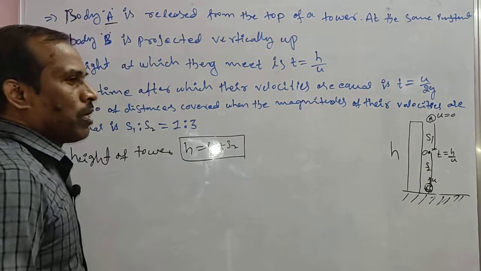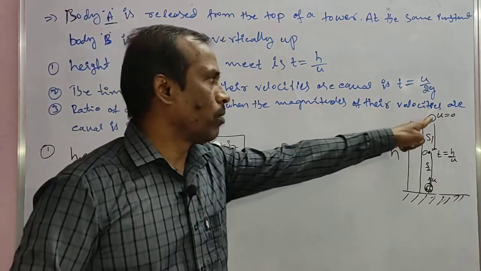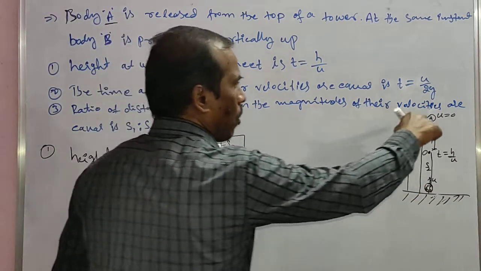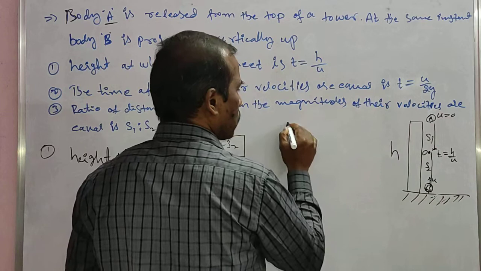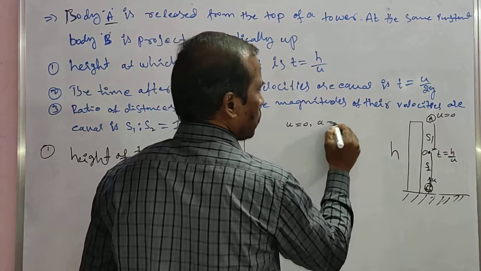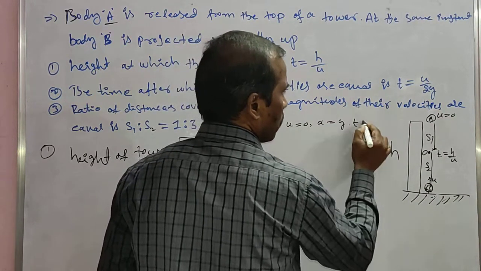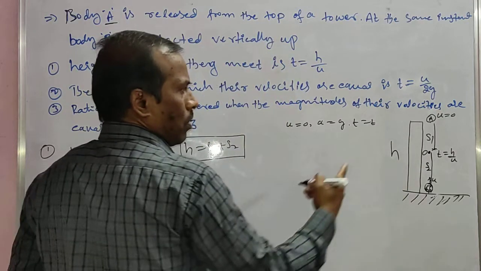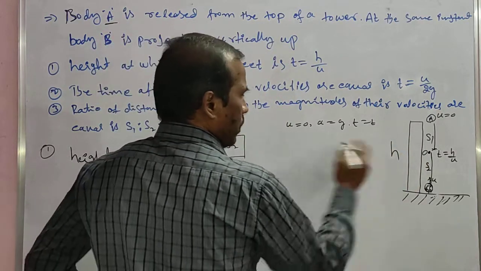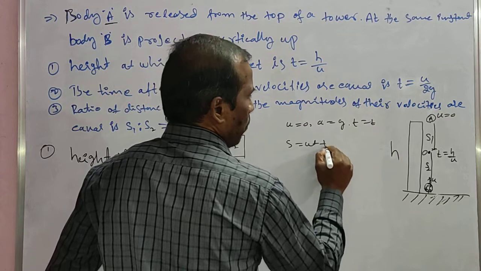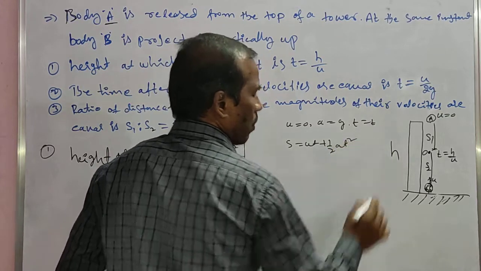Here is the displacement, the distance covered by body A. The body is moving downwards, the initial velocity is 0, a is equal to g, and the time is t. Now S is equal to ut plus half at square.